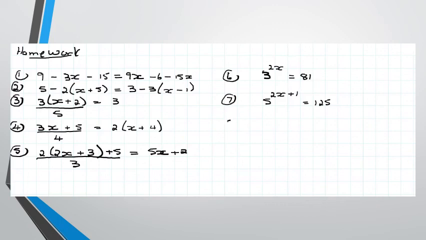Number 8: 3 multiplied by 5 to the x plus 4 equals 75.